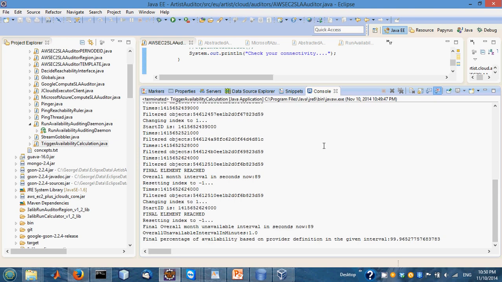So now we get that the overall unavailable interval minutes is 1, okay, because this was the definition from the samples.